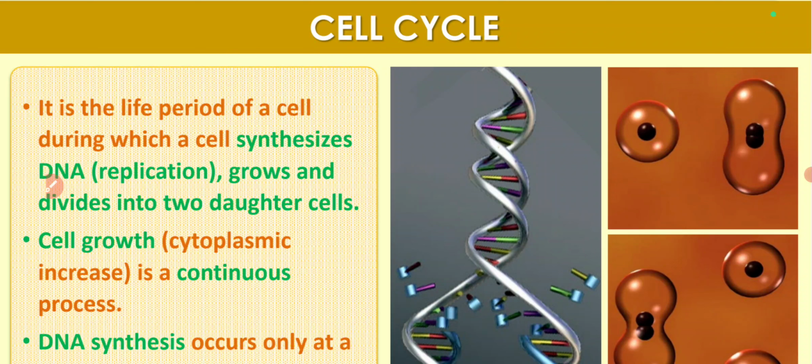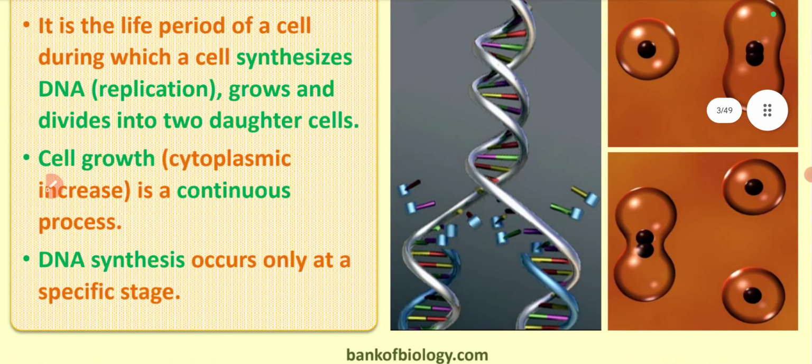All the processes, that is cell division, DNA replication and cell growth, occur in a properly coordinated way to ensure the proper division of the cell and the formation of progeny cells containing the intact genome. So cell cycle is the life period of a cell during which a cell synthesizes DNA, grows and divides into two daughter cells.